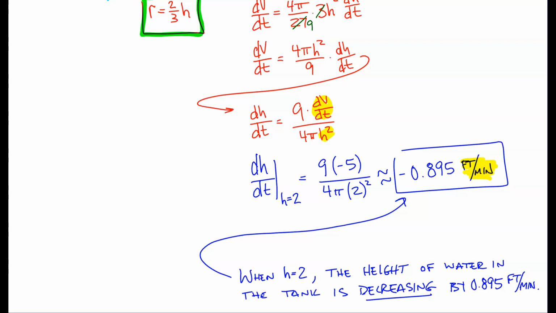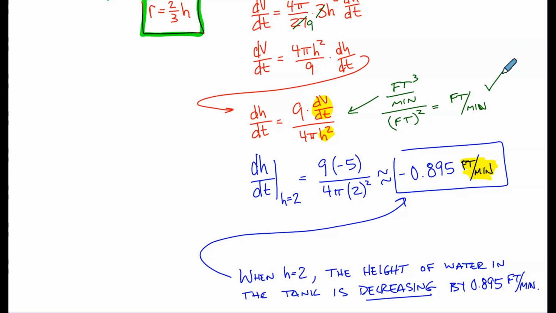Let's just make sure those units work out. dV/dt was in cubic feet per minute, and h is in feet. If I square that, I have square feet. And when you divide cubic feet per minute by square feet, you end up with feet per minute. And that deserves a big green check because the units worked out.